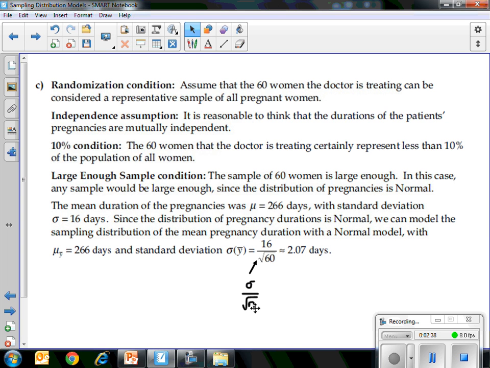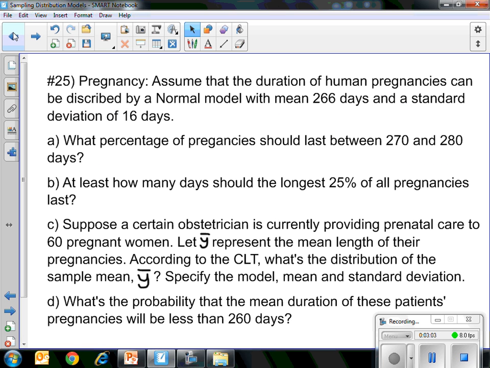So this is quantitative data, so we're using sigma divided by the square root of n, which is 16 divided by the square root of 60, because there were 60 women, and that is equal to 2.07 days. This 2.07 days is the standard deviation, which we will be using in the next part, part D.